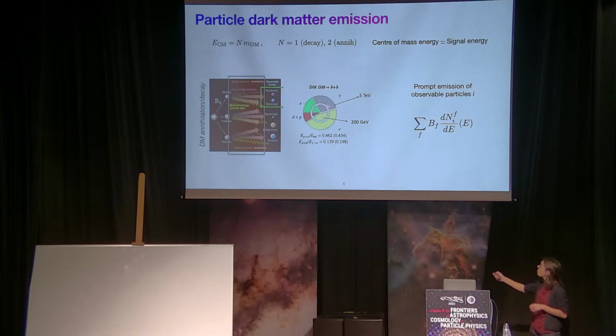You expect a fraction of it to go into photons, a fraction to go into electrons. The most dominant in this case, depending on the mass of the dark matter particle, are neutrinos, and then a little bit of protons and deuterons. This is only determined by the center of mass energy, so twice the dark matter mass if you have annihilation, or the dark matter mass if you have decay, and the standard model.